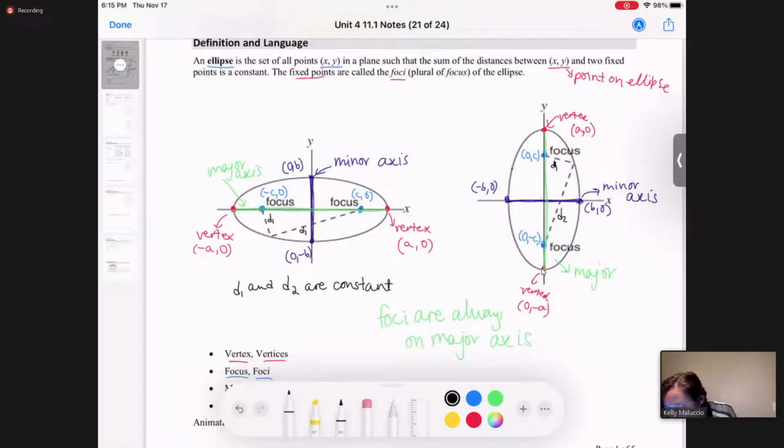It says the sum between two distances. It should be plus. D1 plus D2 is constant. So if these ellipses were the same and you took any two focus points and drew a line to another point, if you add the distance of those lines, it's constant and it's the same everywhere.